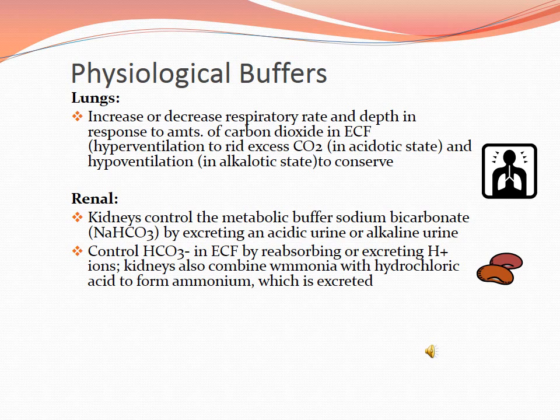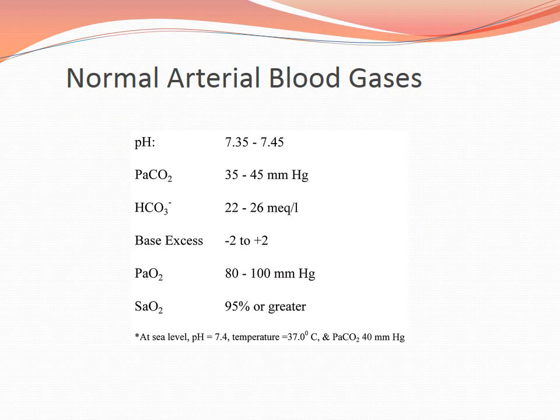So the kidneys can either produce or excrete the bicarb, whatever is needed. So pretty much they're like the regulatory systems of the body to maintain pH balance. And SaO2 tells you the oxygenation by pulse oximetry.